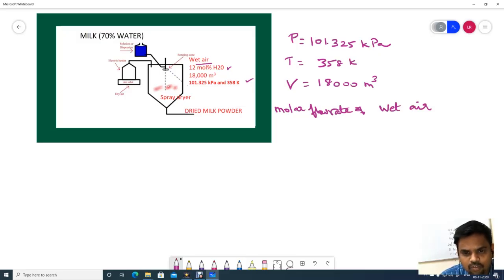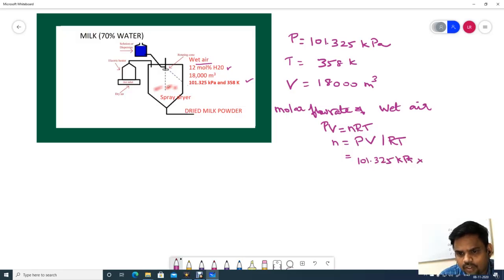What is the ideal gas law? If we assume PV equals nRT, so n equals PV by RT. We have done several numericals in the previous lecture, you can refer to the videos. So here P is 101.325 kilopascal into volume 18,000 meter cube, and we know the R value is 8.314 kilopascal meter cube per kilomole Kelvin.